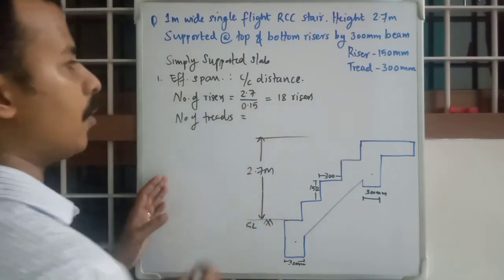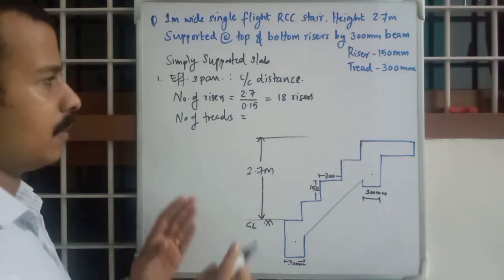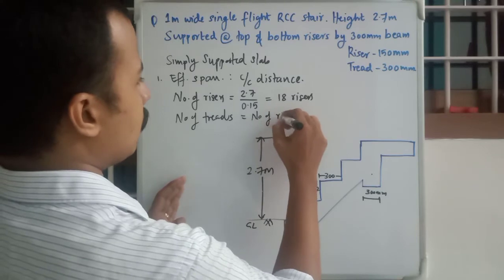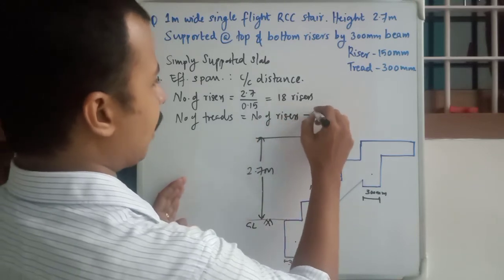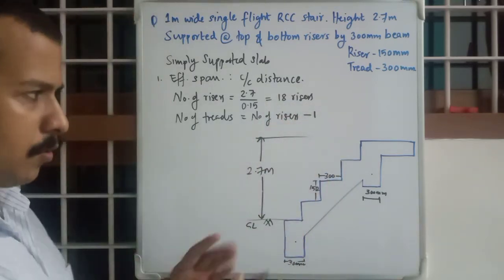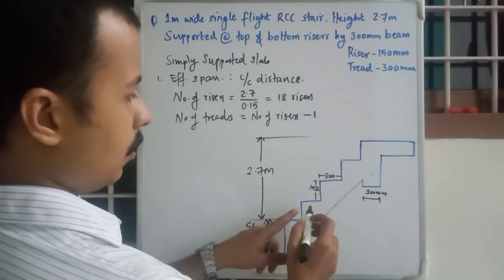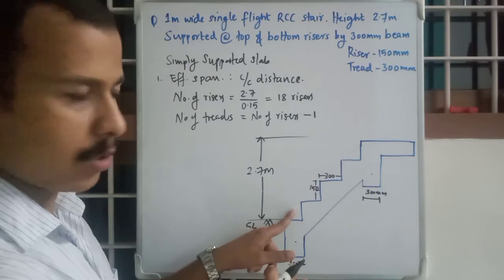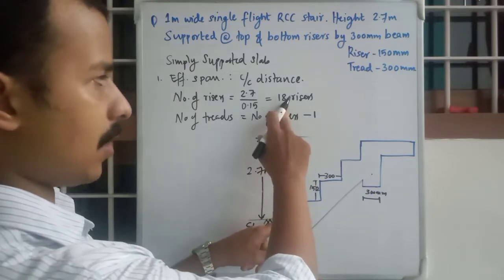Then how do you calculate the number of threads? Number of threads will always be number of risers minus 1. For this example, it's a miniature, as I told you. Actually there are 18 risers.